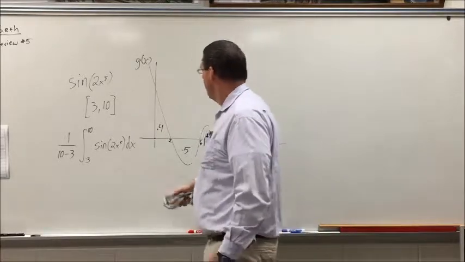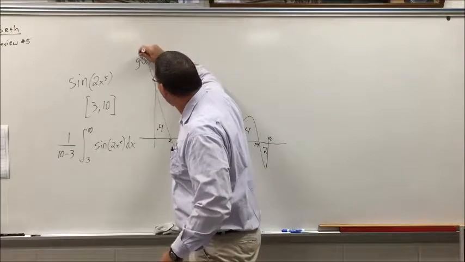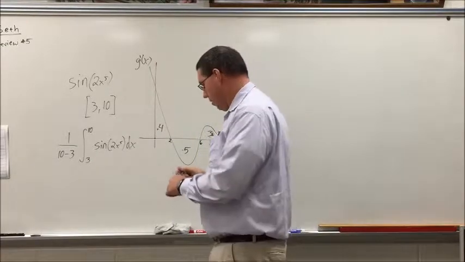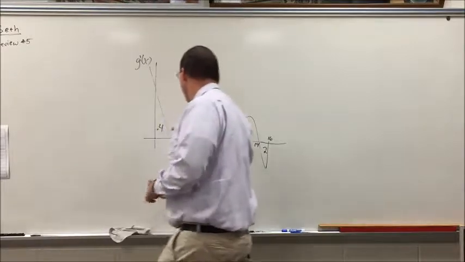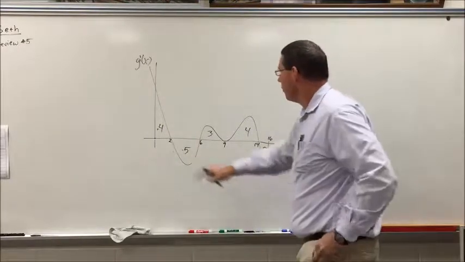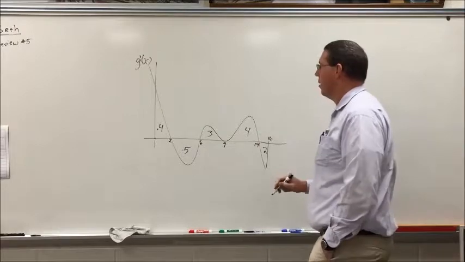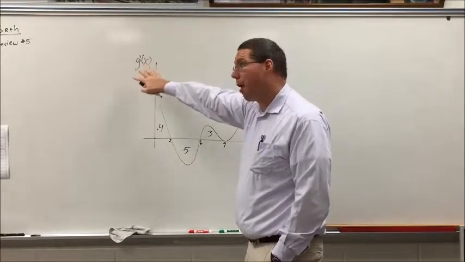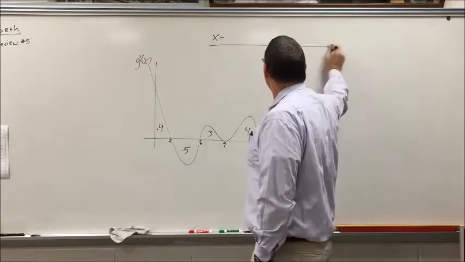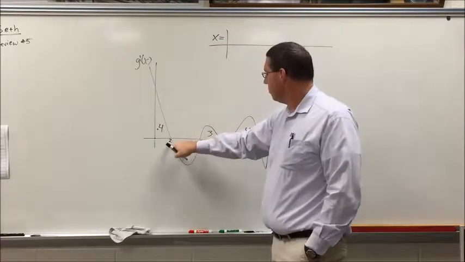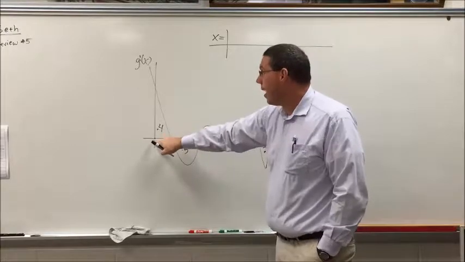Let's say this is g prime of x, not g of x, but I wanted the maximum and minimum value of g of x on the interval from 0 to 16. First I need the zeros of g prime of x, and I need the endpoints.